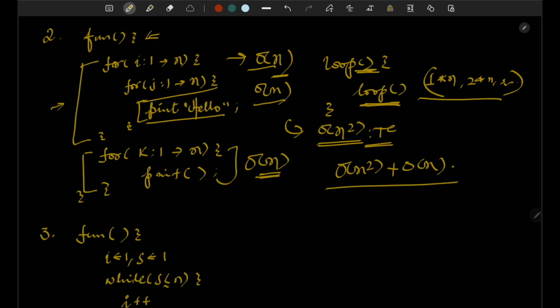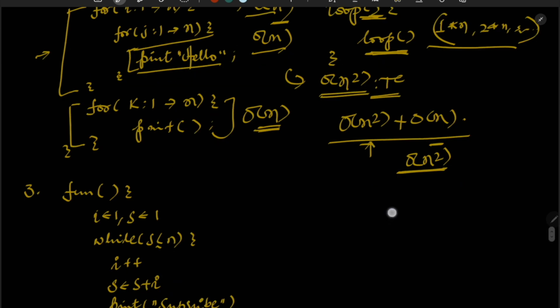And as I told earlier, when we are dealing with time complexity notations, we always take the one which has the higher power, the higher value. So out of these two, which one has the higher power? Of course this one. So our effective time complexity is going to be big O of n square.